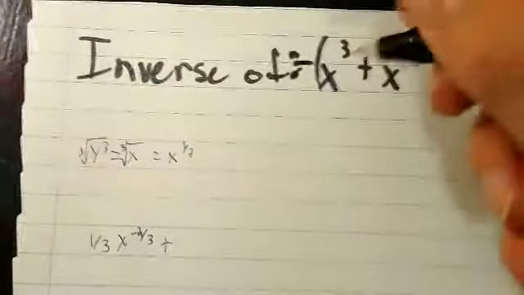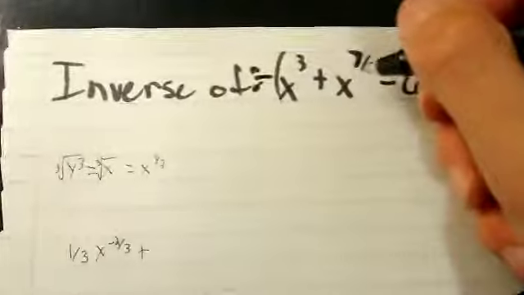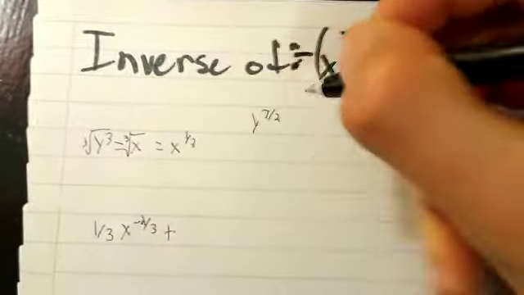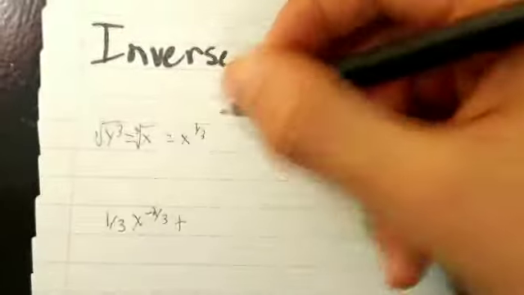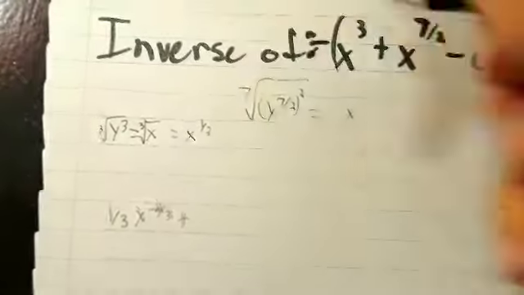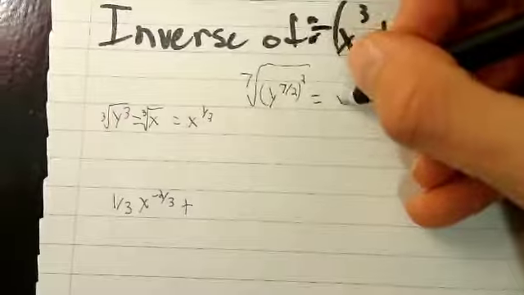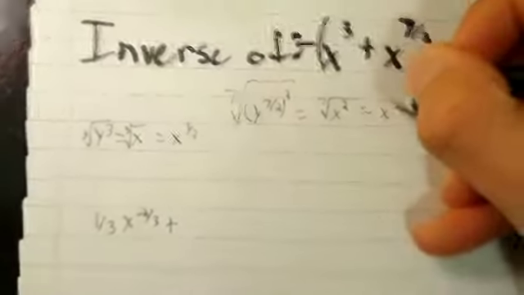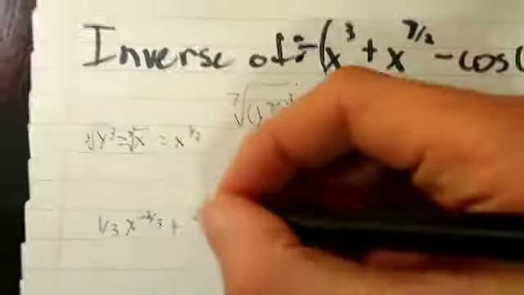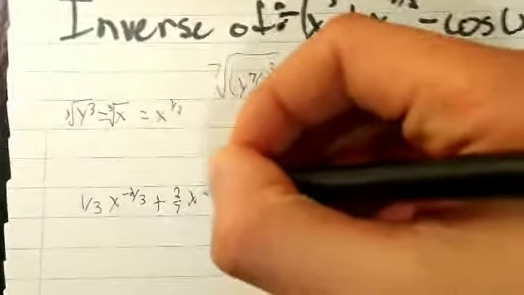Take the next derivative, of x to the 7 halves. So y to the 7 halves is equal to x. So what we'll do here is we'll square it and then take the 7th root. So x squared, 7th root, that's equal to x to the 2/7. So taking the derivative of that, we have 2/7 x to the negative 5/7.